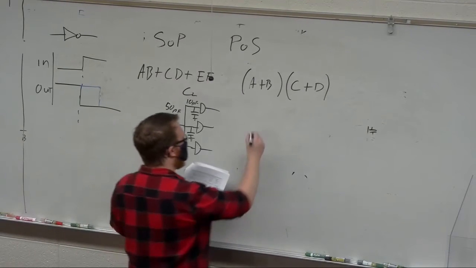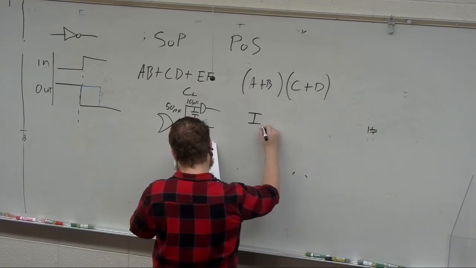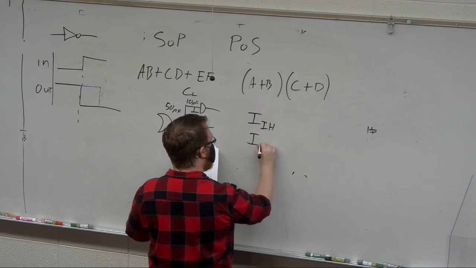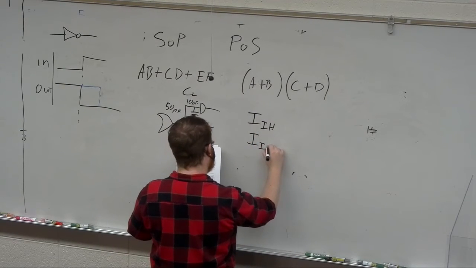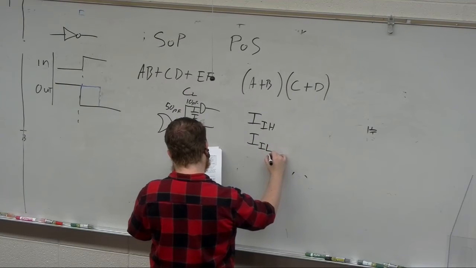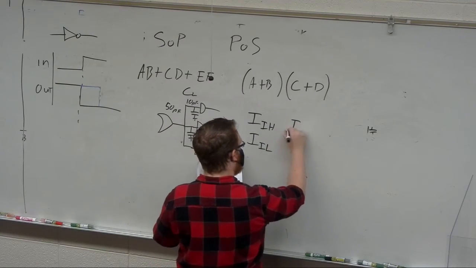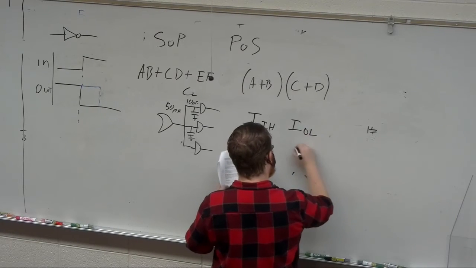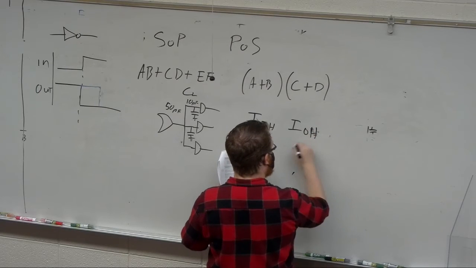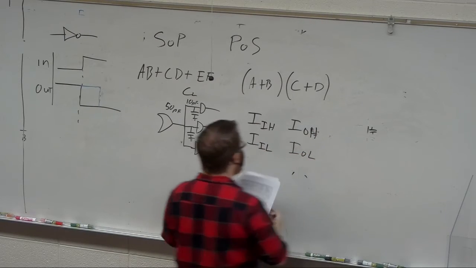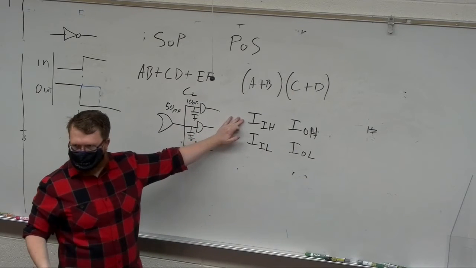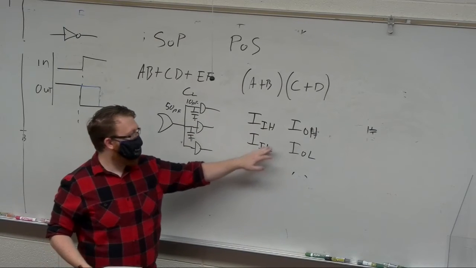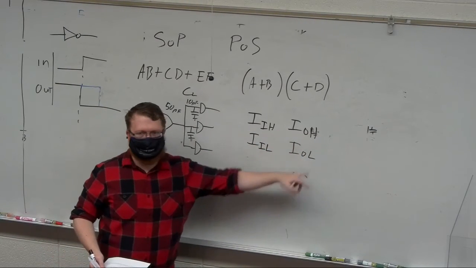You're going to see the current labeled as I, for current: current in high, current in low, current out high, current out low.